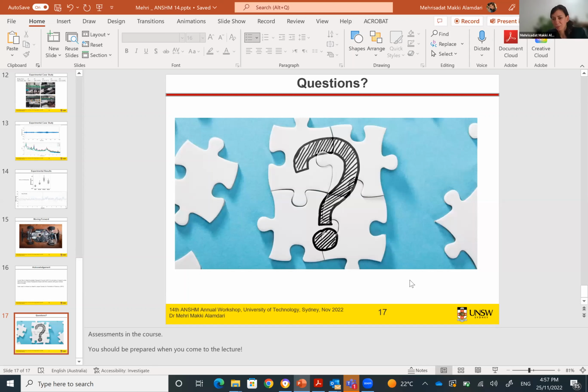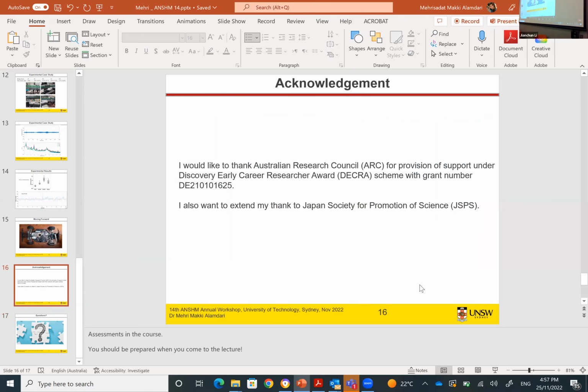Mehri, this is excellent work and quite impressive, particularly from the technical side. I have a question, a little bit fundamental, and I may not be expecting an exact answer, but we probably need to think about it. As I mentioned in my presentation, damage detection has long been recognized as not a deterministic inverse problem.